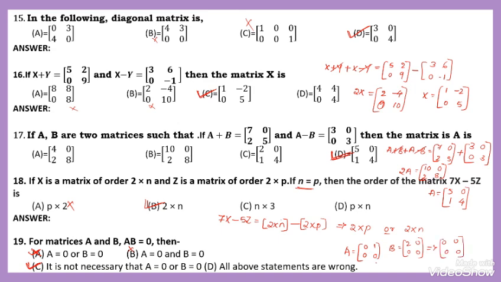When A is a matrix and B is also a matrix, you can still get 0. Therefore it is not necessarily that A is equal to 0 or B is equal to 0. Option C is correct. All the above statements are wrong? No. Option C is possible.